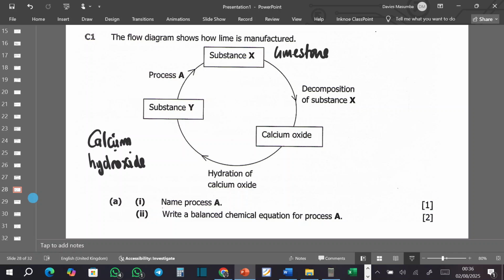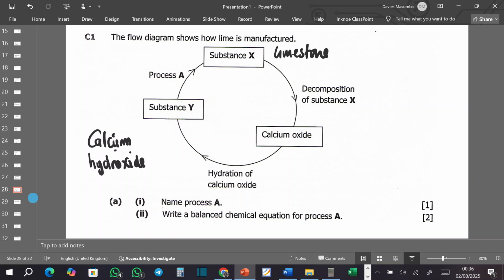They're saying A, Roman numeral 1, name process A. So now, here you have calcium hydroxide goes back to limestone. So what is process A?